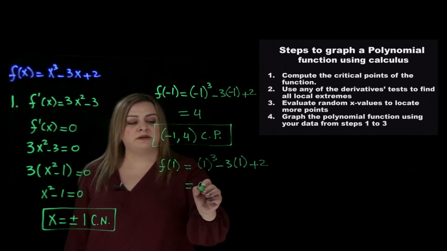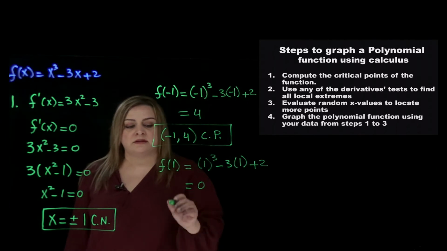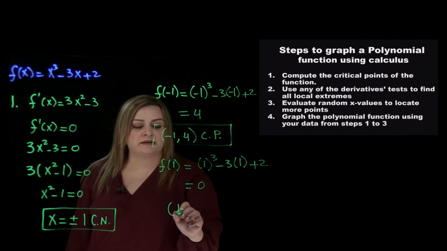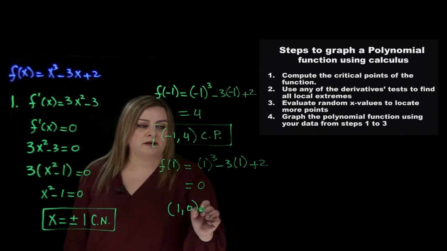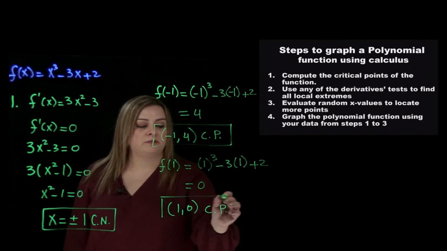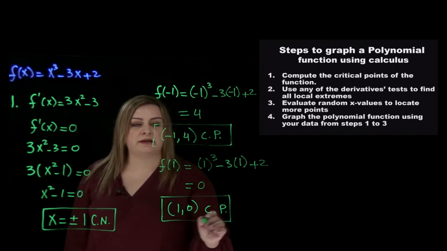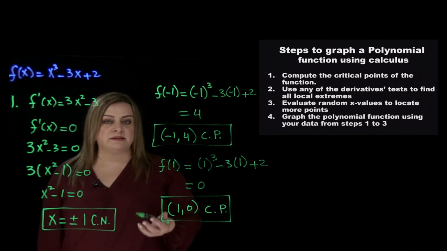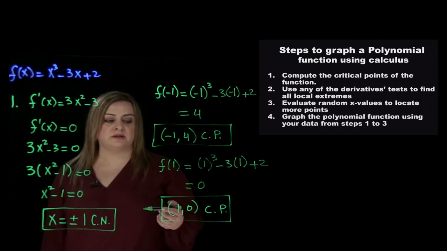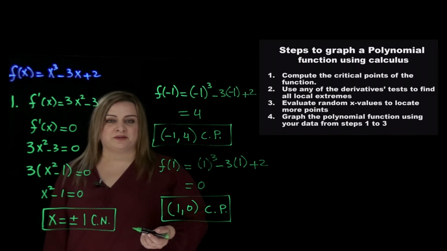And this should give me a 0. So when x is 1, y is 0, and this is my second critical point. I will copy it here, label my point as a critical point, box my answer, and keep it for later. Remember, I'm collecting data, so at the end I can graph my function. So I'm done with step 1.